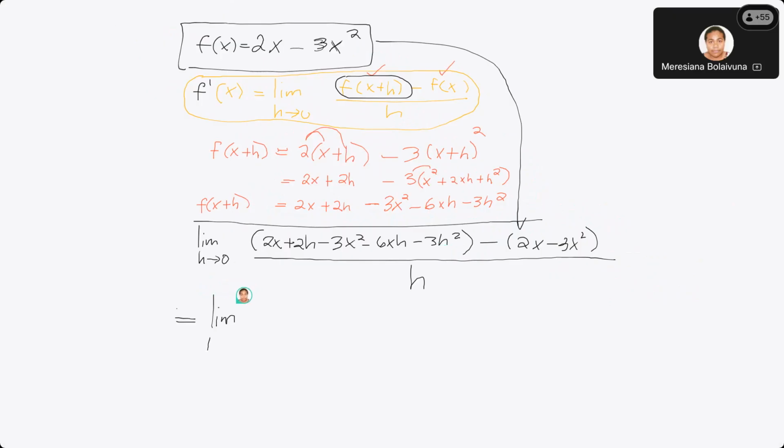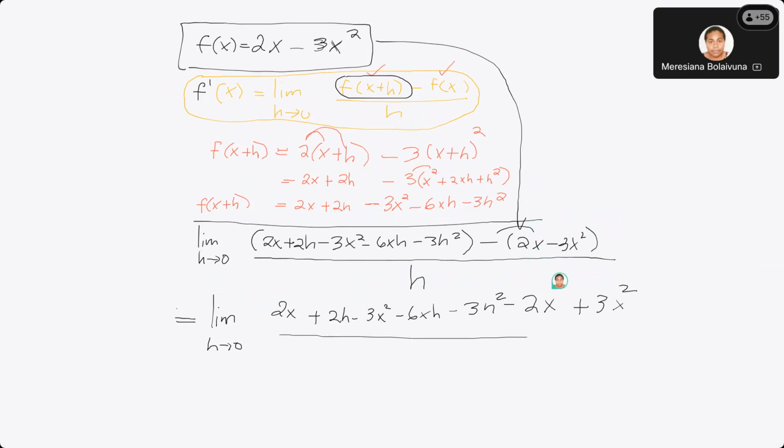Be careful when you are removing brackets. So 2x plus 2h minus 3x squared minus 6xh minus 3h squared. And when you remove this bracket, you get minus 2x and then plus 3x squared, divided by h.